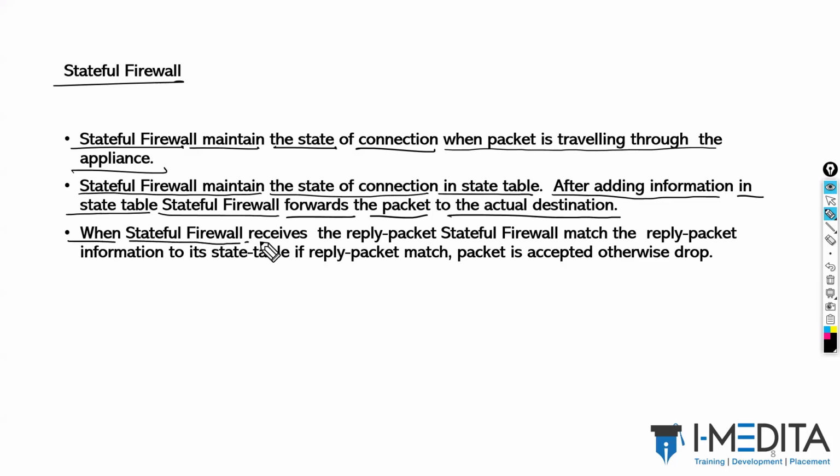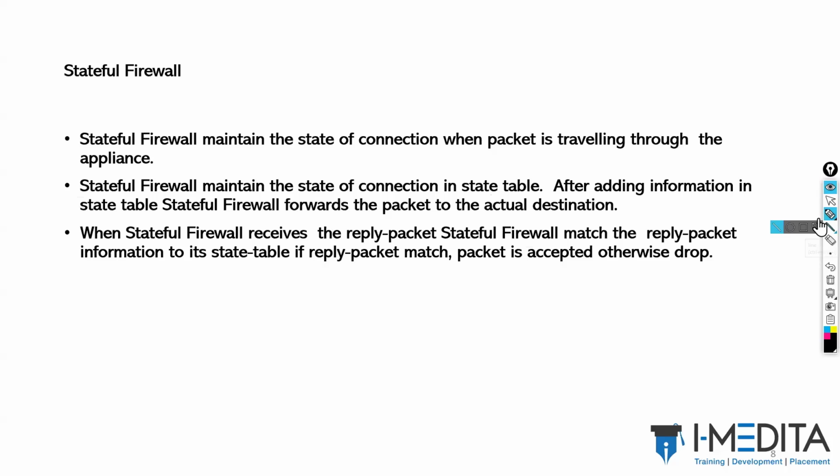When the stateful firewall receives a reply packet, it matches the reply packet information to its state table. If the reply matches, the packet is accepted, otherwise dropped. Got it?